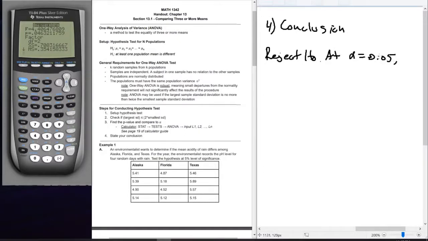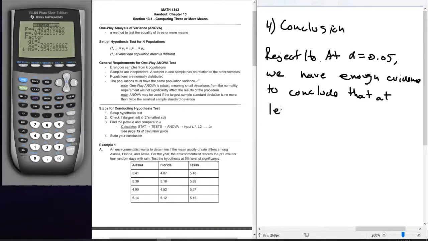By rejecting the null hypothesis, we have enough evidence to conclude, and then we repeat the alternative hypothesis that at least one mean is different.